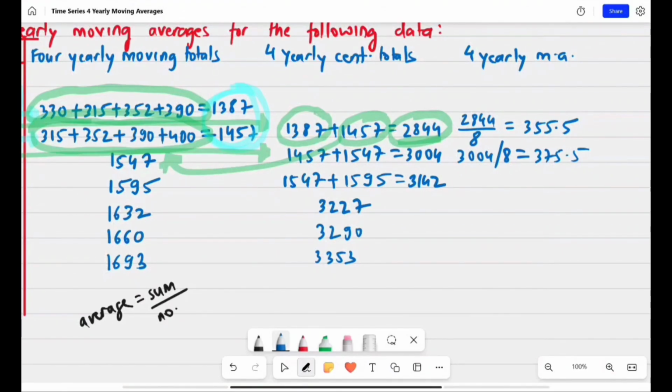The next is 3142 divided by 8, which will be 392.75. The next is 403.375. Now with this we complete our solution.